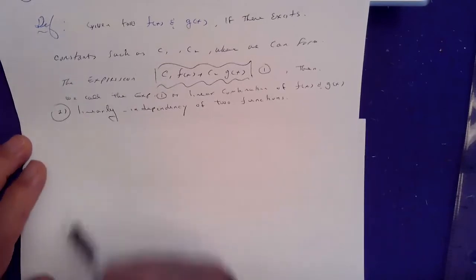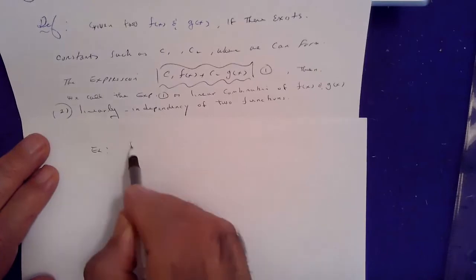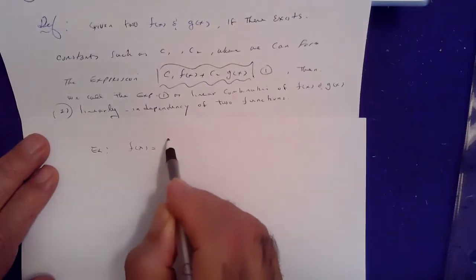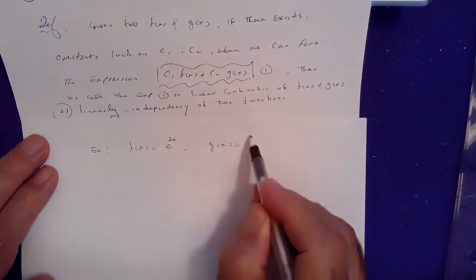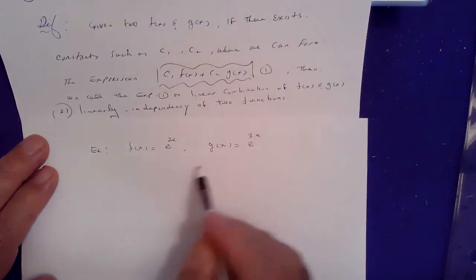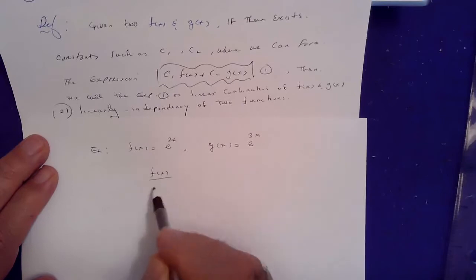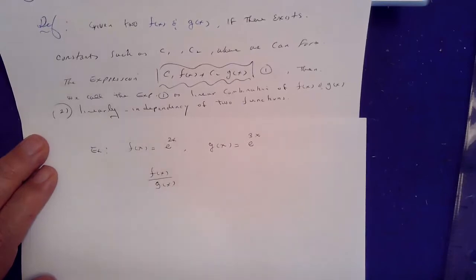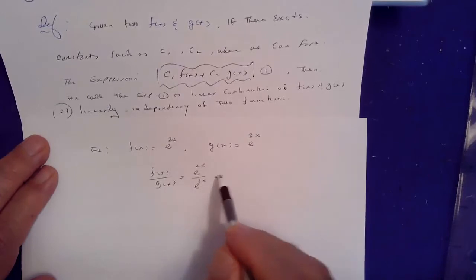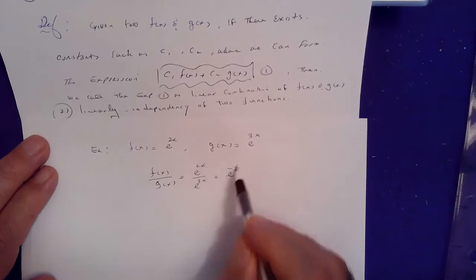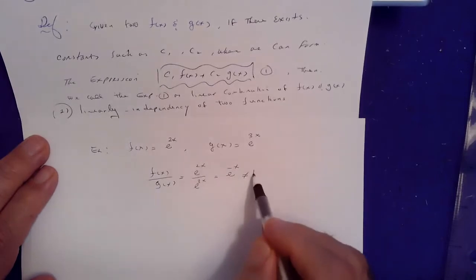For example, suppose I have f of x equal to e to the 2x, and g of x equal to e to the 3x. If I form the ratio of these two functions, it doesn't matter what goes on top or at the bottom, e to the 2x divided by e to the 3x is e to the -x, and that's not a constant.